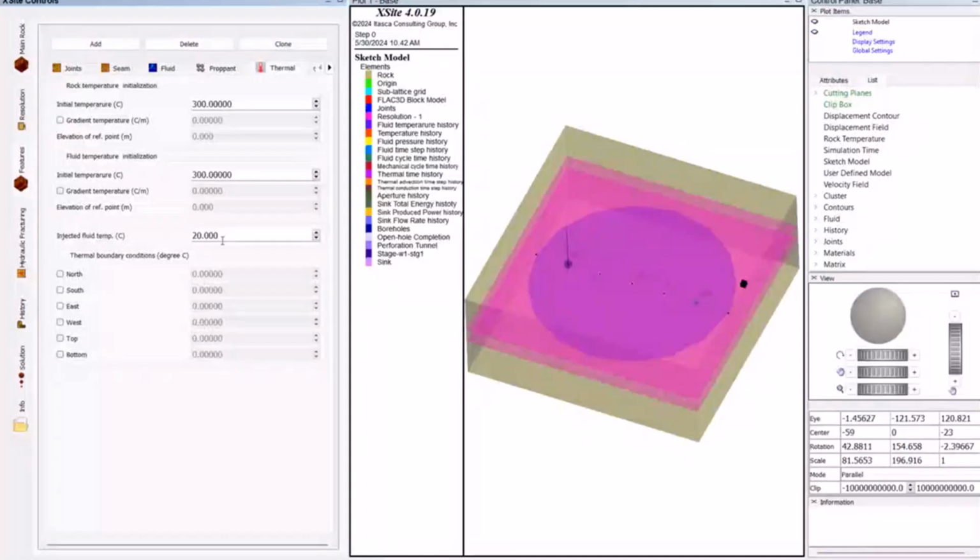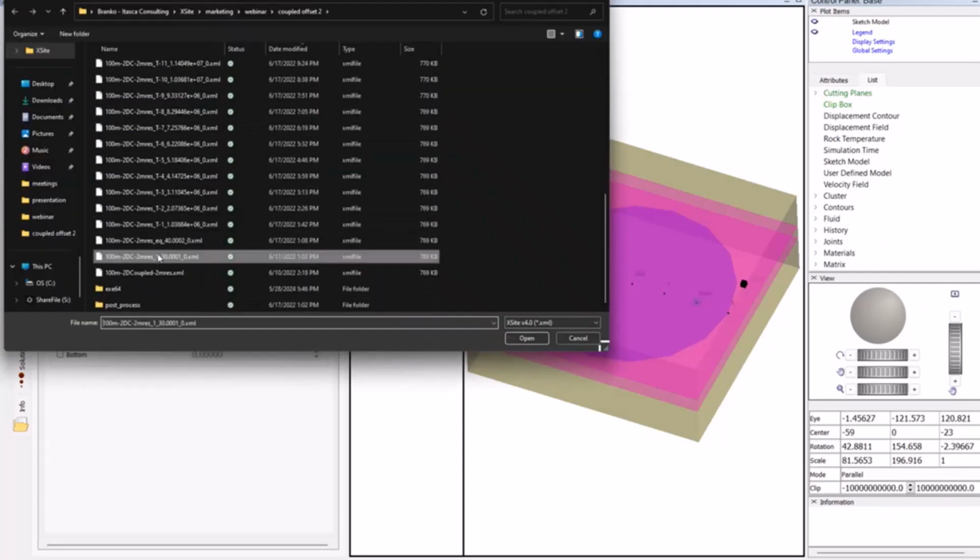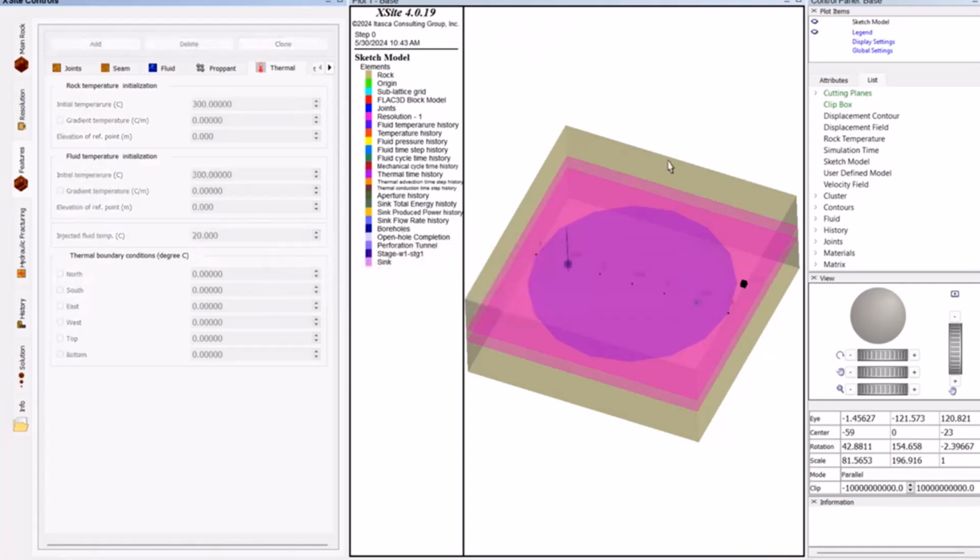And then the temperature of the injected fluid is 200 degrees C. Now, to simplify modeling of this problem, we say the initial state is such that the aperture is 0.5 millimeters. We first run the model sufficiently long to achieve the steady state for the flow model.